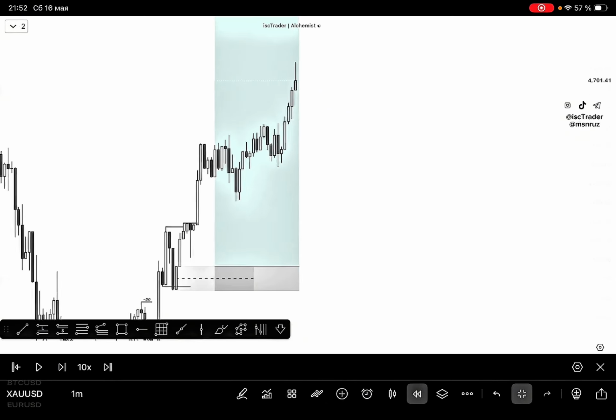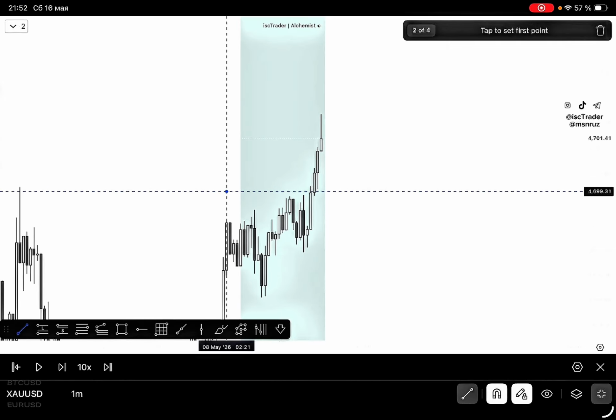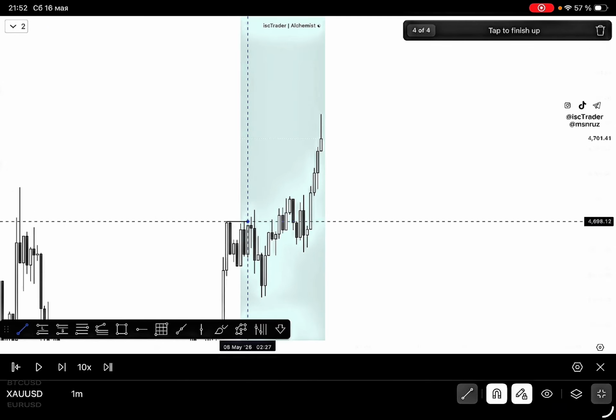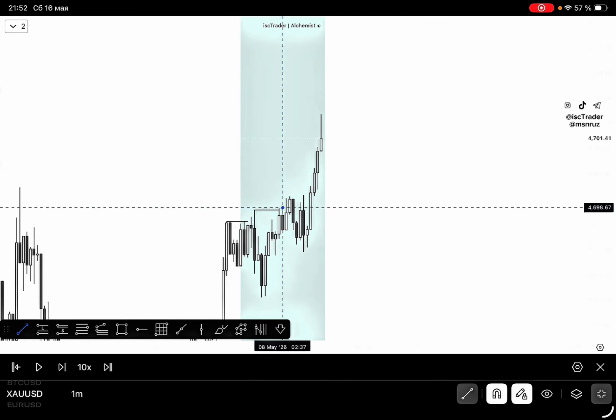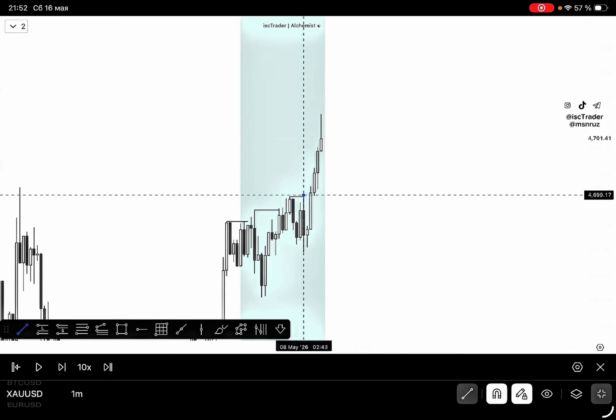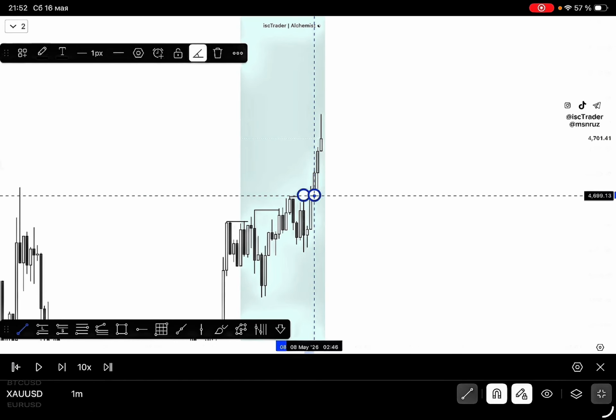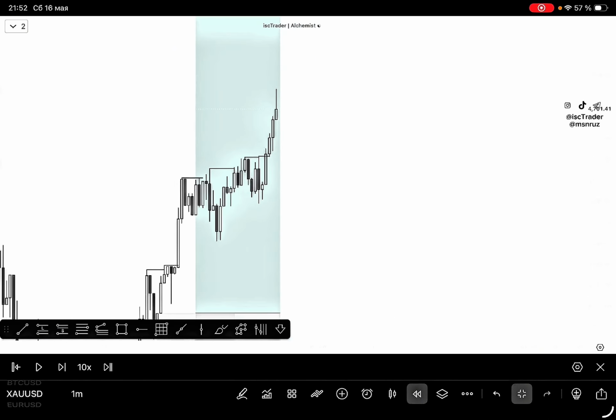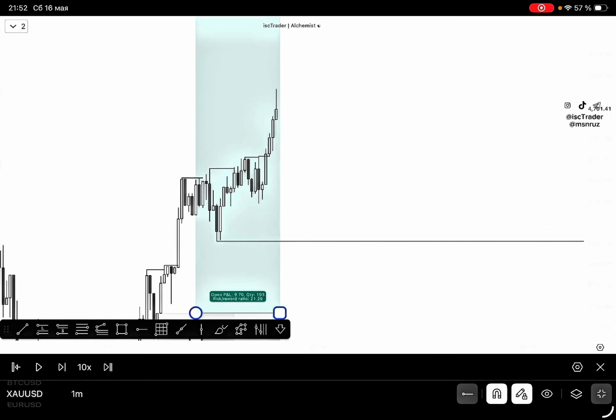The market did not reach our zone, and there is another breakout happening right here. Breakout. Inducement.